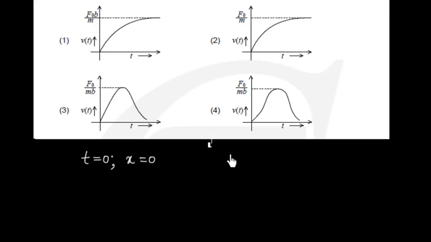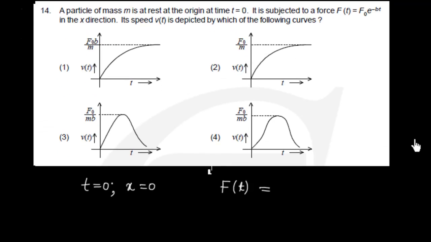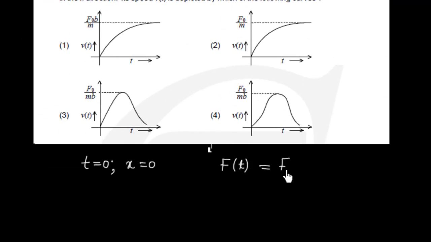So it is subjected to a force that is basically a function of time. The force is not constant. F(t) is equal to F naught e to the power minus bt. You see, this force is exponential. When t equals 0, the force is F naught.